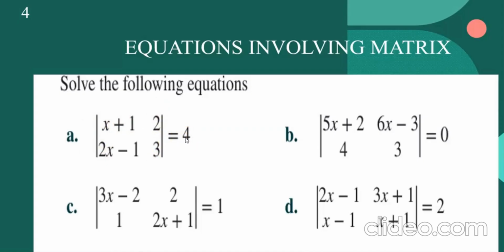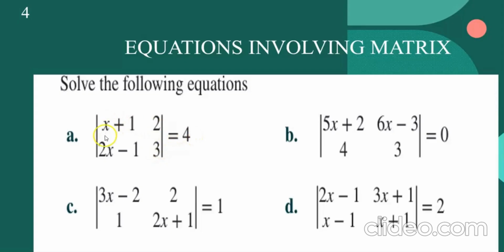When we take question A, it says the determinant of the matrix with first row x plus 1 and 2, and then 2x minus 1 and 3, is 4.